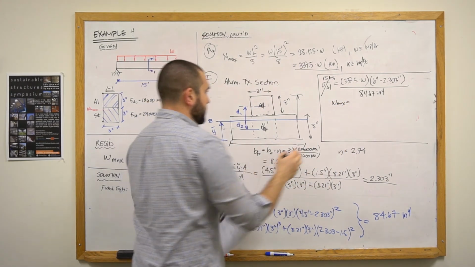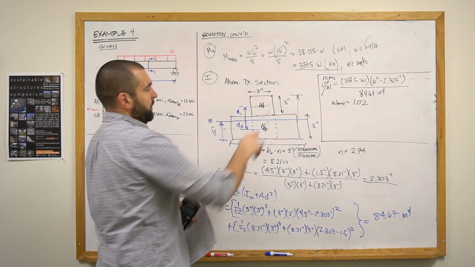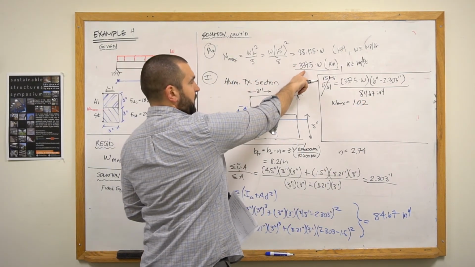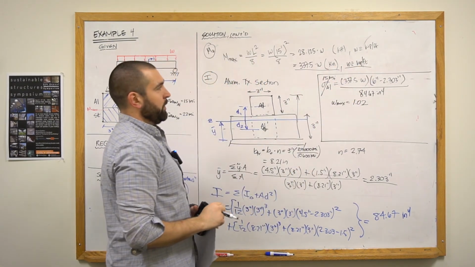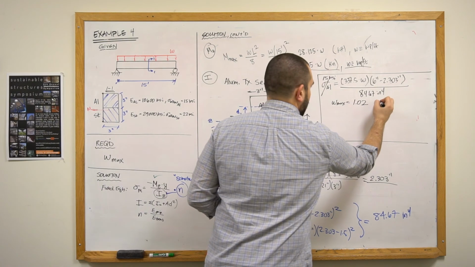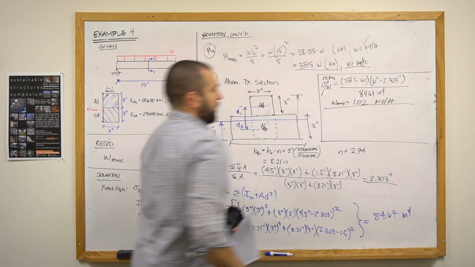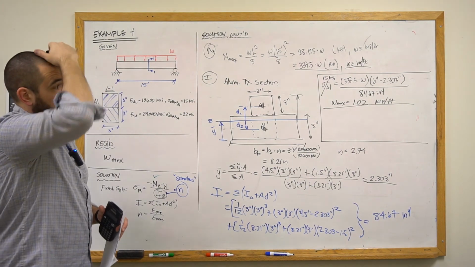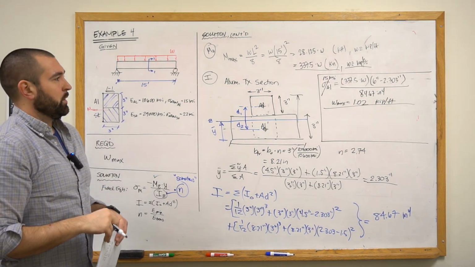of 1.02. And the tricky thing here with the units is that we converted the moment into kip inches, but W we kept as units of kips per foot. So this is 1.02 kips per foot. You could have left everything in kips and feet if you wanted to, or you could have calculated this in kips per inch.